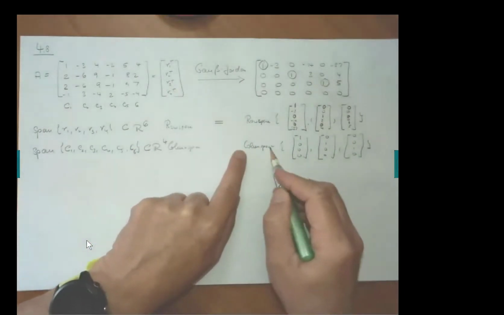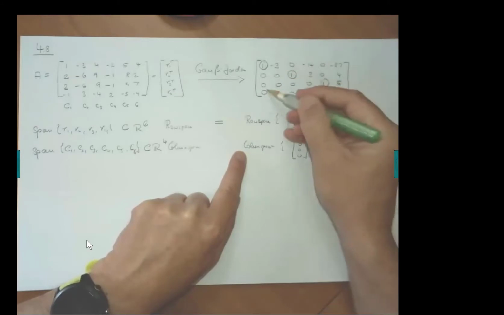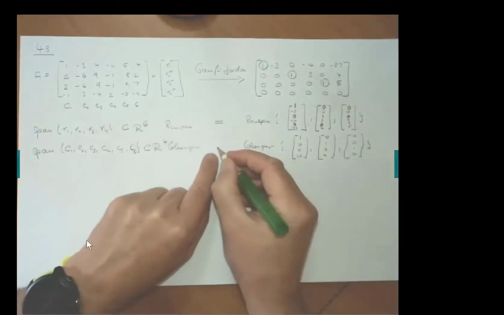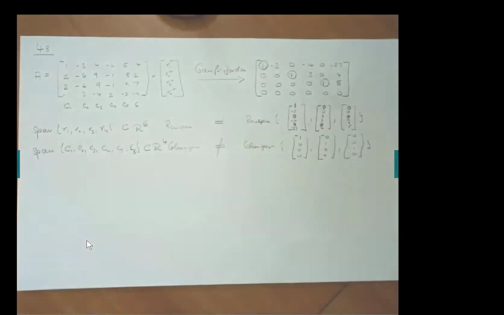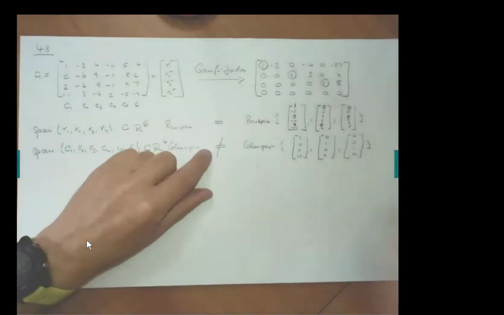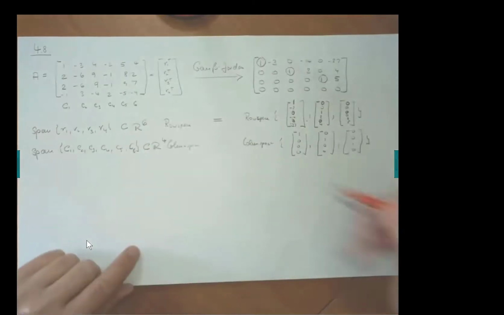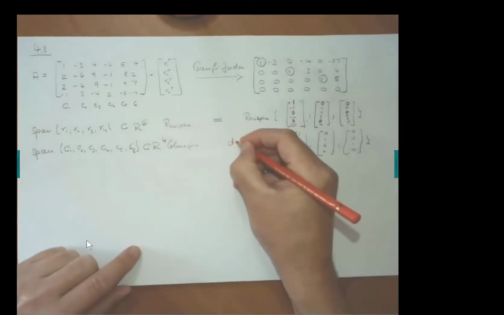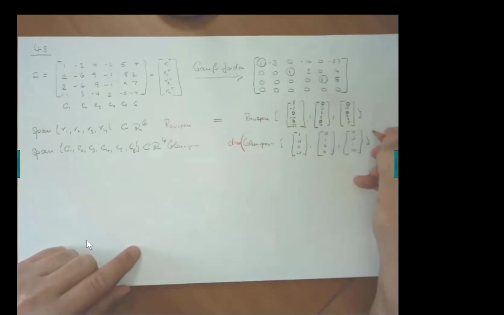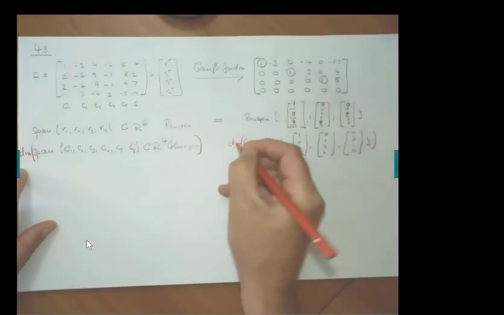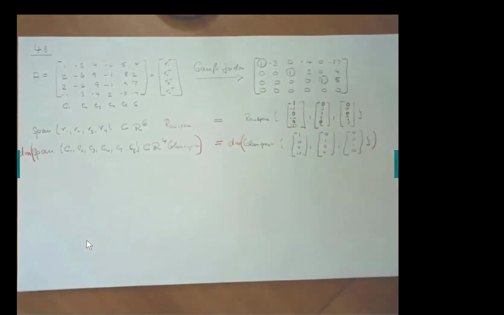When you look at the column space, you see all these columns have 0 in this last component, and they don't. So the column space obviously is not the same. But the good news is, and that's again not so difficult to see, the column space is not the same, but the dimension of the column space is the same.